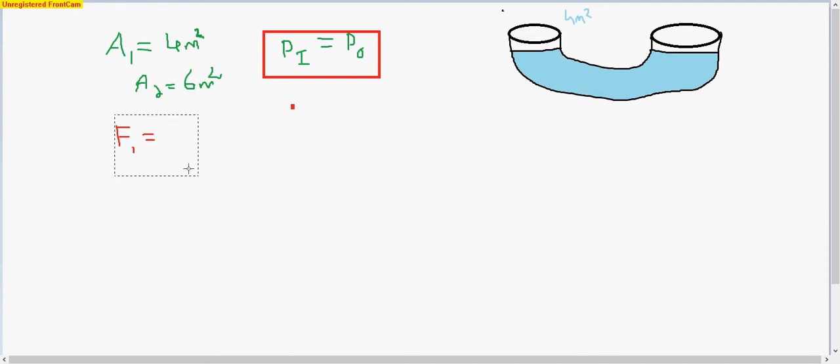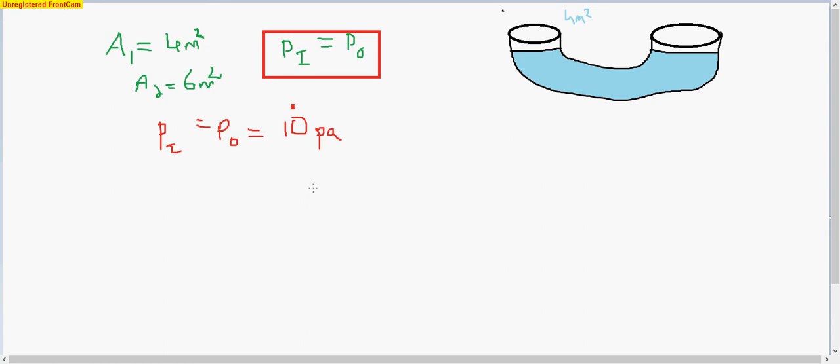Okay, consider a pressure: P1 is equal to P2, or P out. Let it be, suppose, 10 Pascals, or Newton per meter square.